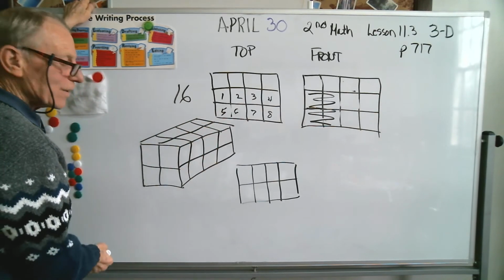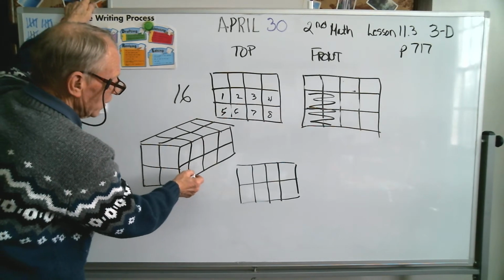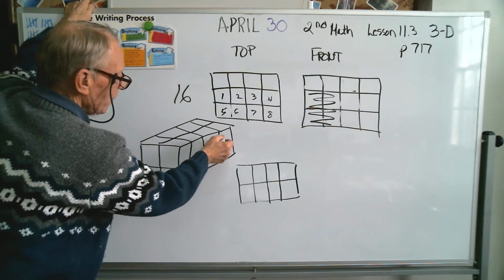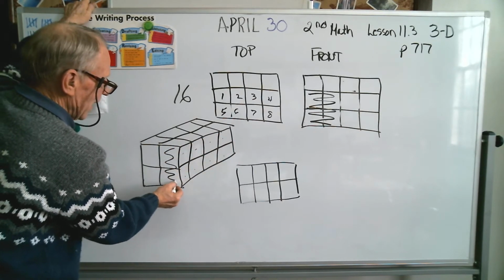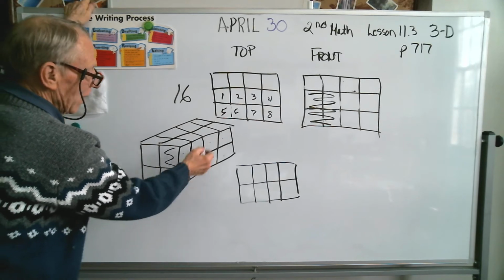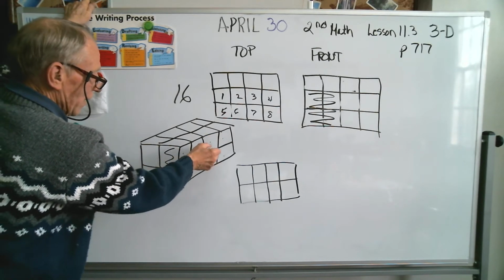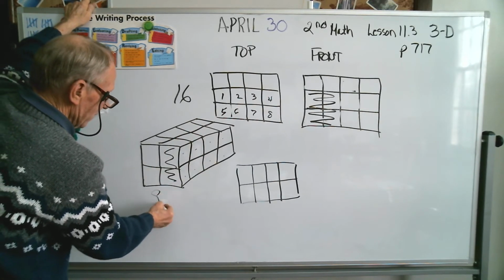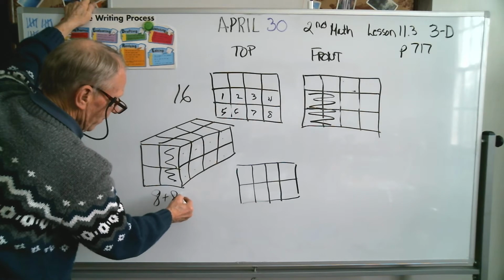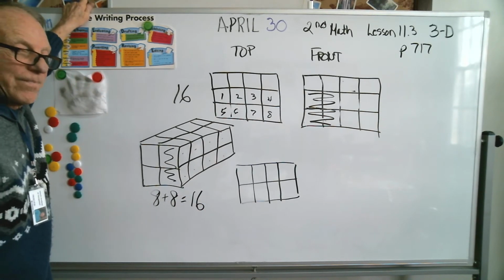So if we count how many blocks are in this picture, we've got 1, 2, 3, 4, 5, 6, 7, 8. So that takes care of that. And if there are 8 there, then there's going to be 8 over here too. 4 going back this way, 4 going across the top. So we end up with 8 plus 8, and that will equal our 16 blocks.